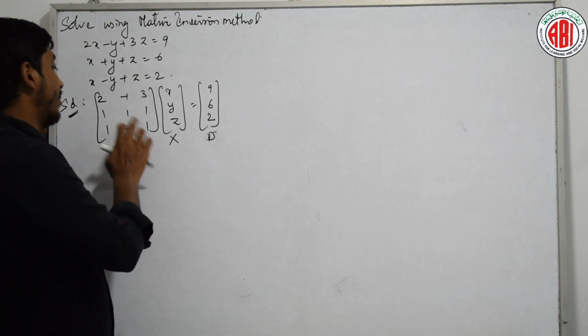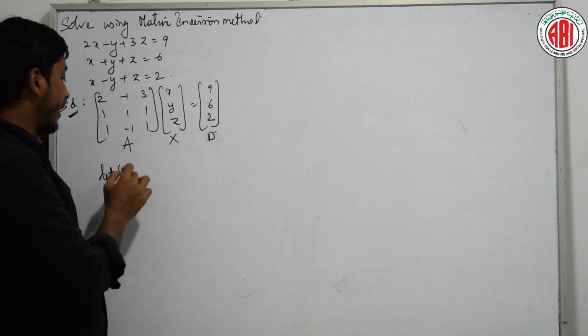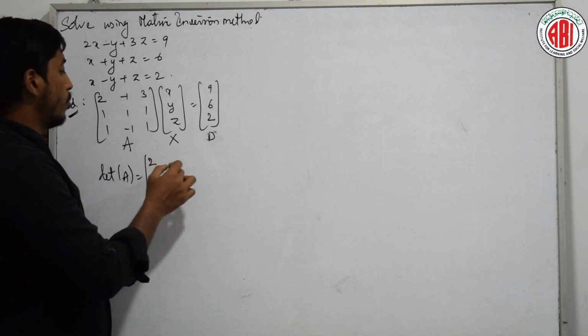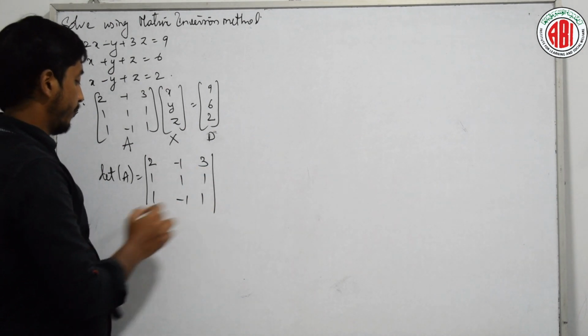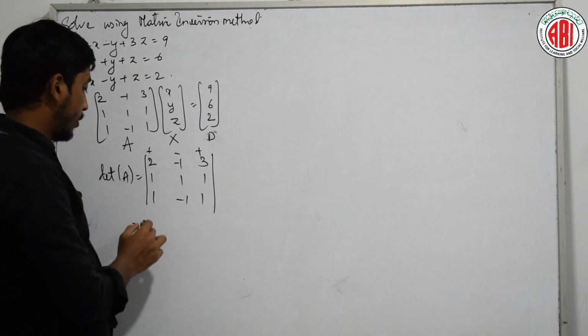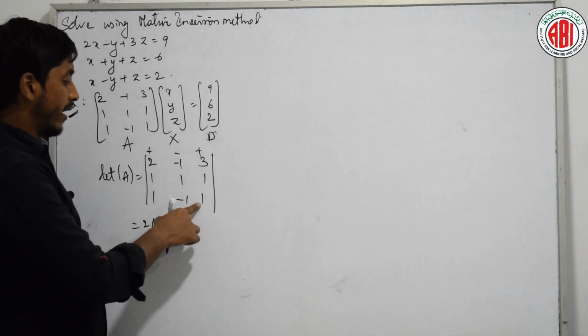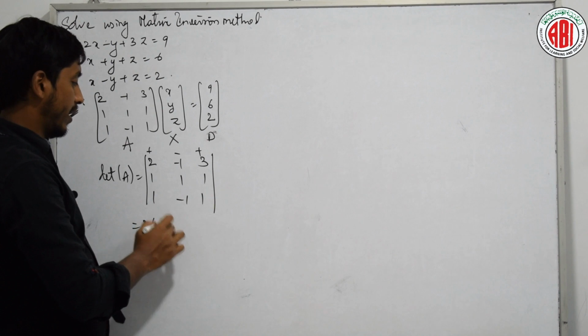Now what is that I have to do? I have to find the determinant of this matrix, that is det A is equal to 2, minus 1, 3, 1, 1, 1, 1, minus 1, 1. Okay, plus minus plus. Fine. 2 into 1 into 1 is 1, minus to minus, again it will become plus.